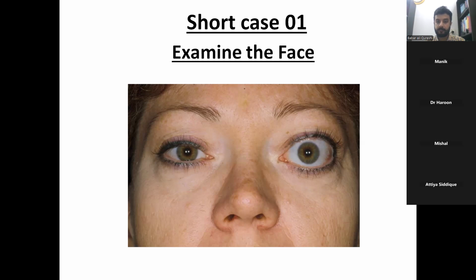Then I'll measure the interpupillary distance, and forward protrusion compared to the other side, and then visual acuity bilaterally, extraocular movements, and fundoscopy. Then I'll check the nose, oropharynx, facial nerve, trigeminal nerve. And then pronator drift and plantars.